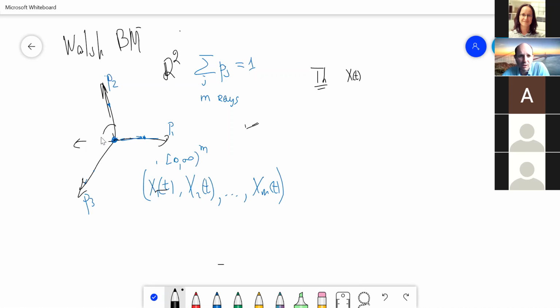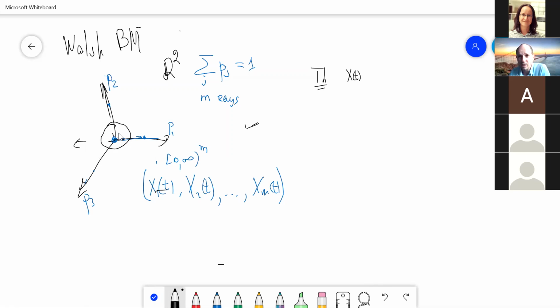You just take epsilon, a ball of radius epsilon, calculate the time that the process spent in this ball, and then divide this time by 2 epsilon, and then send epsilon to 0.